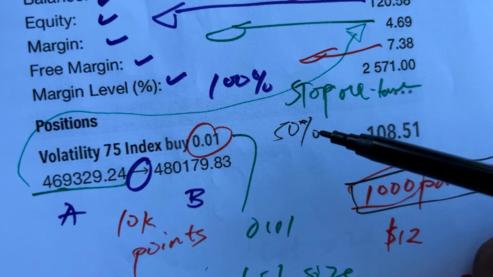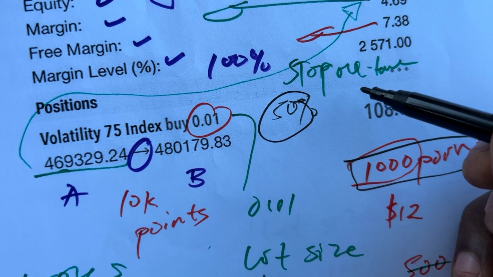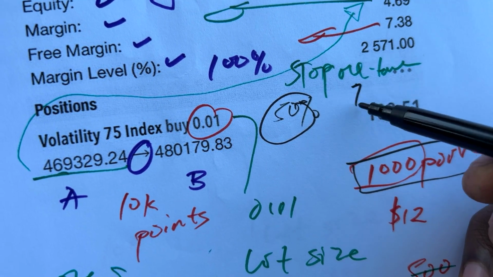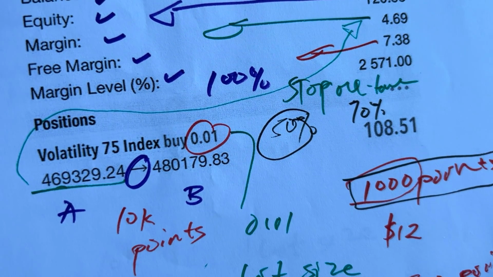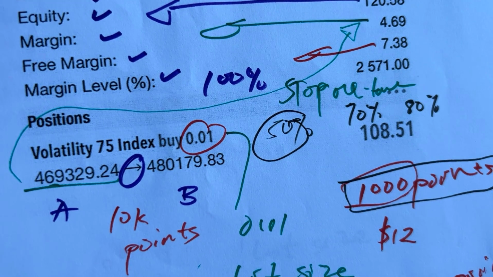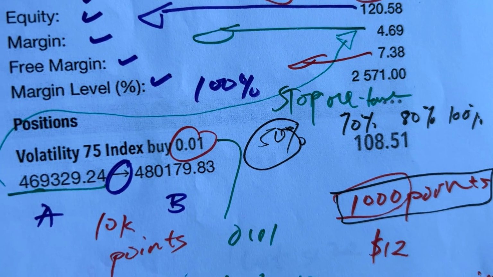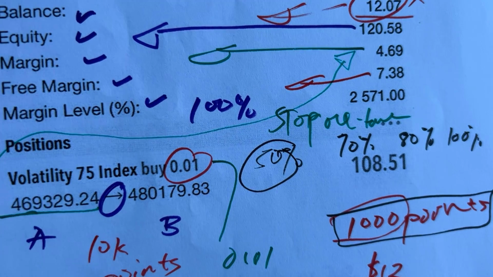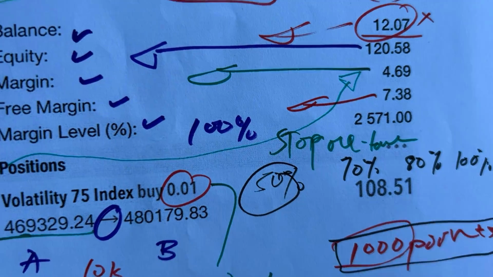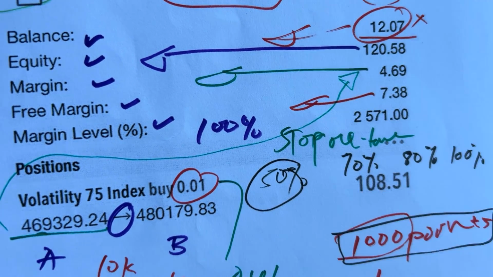Because they have a stop out level of 50%, unless the stop out level is maybe let's say 70%, or maybe let's say 80%, or 100%, depending on the broker that you're going to be using. Now, if I lost here 6, the trade is going to be closed.